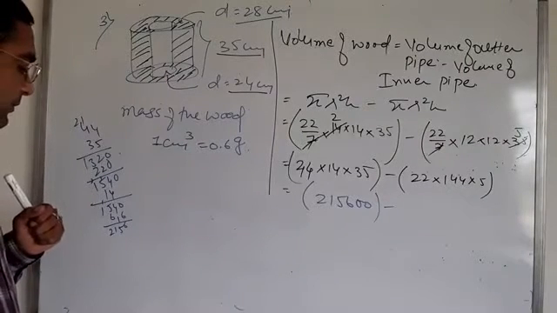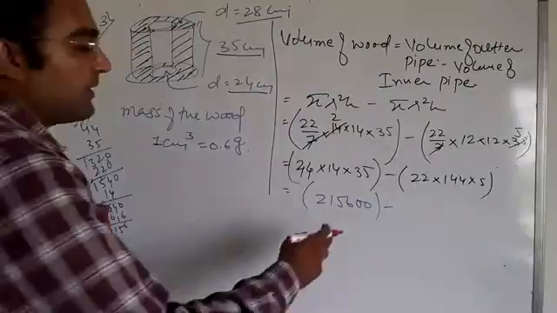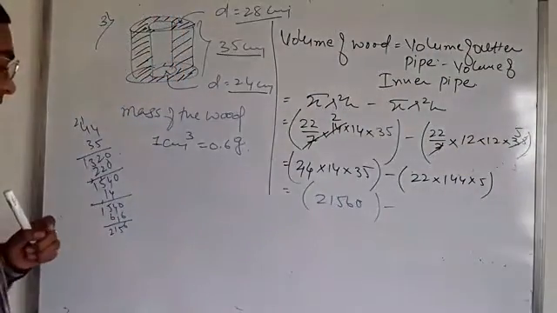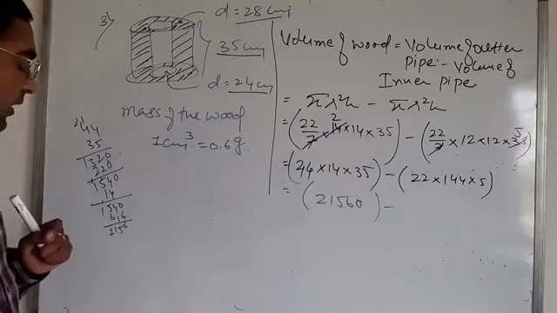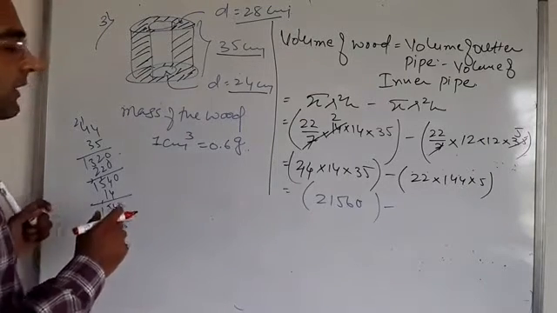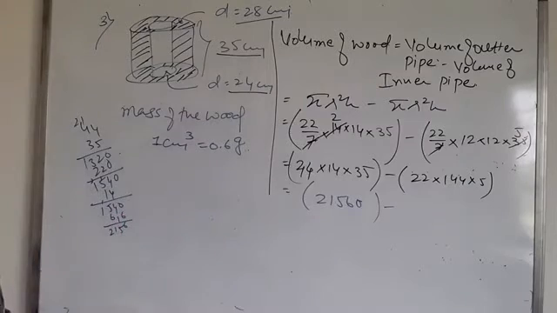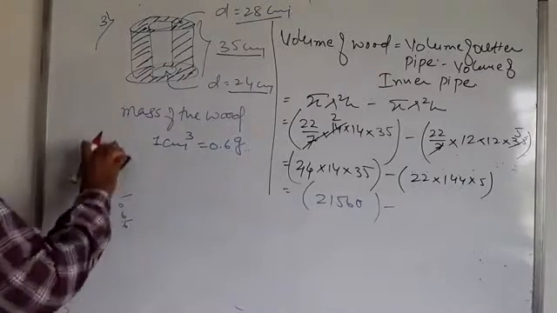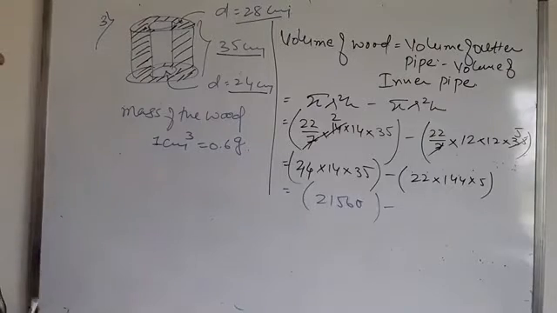Sorry, 215600, there is a 0 only at the end, that is 21560. Now 22 into 5, that is 110.